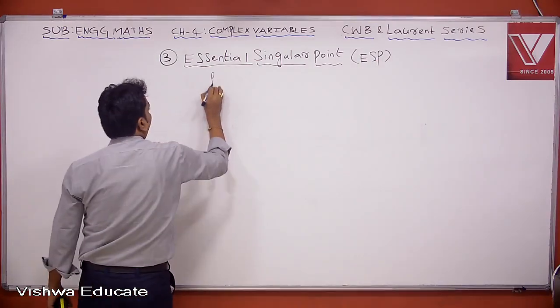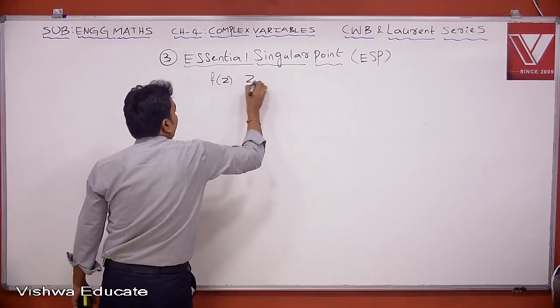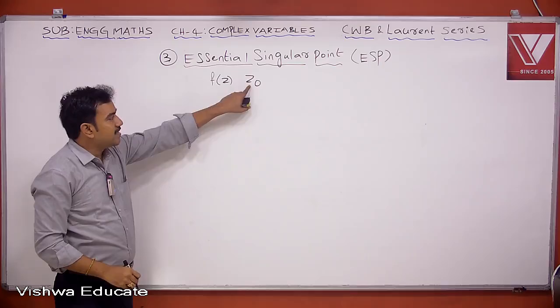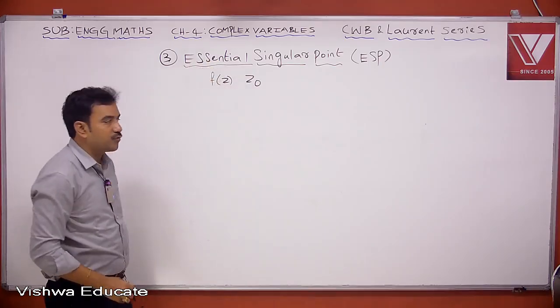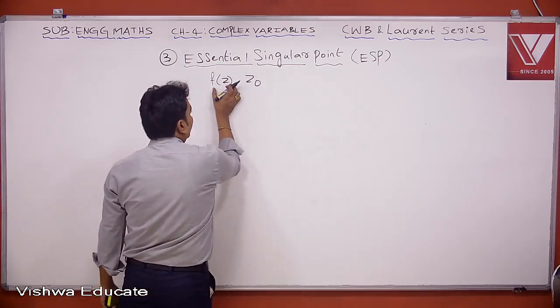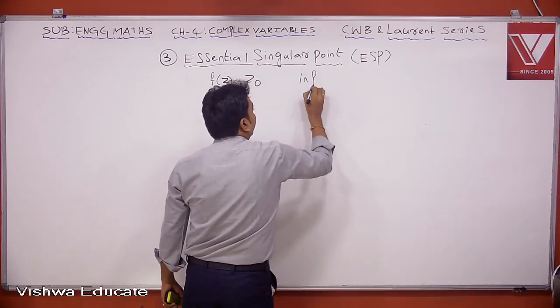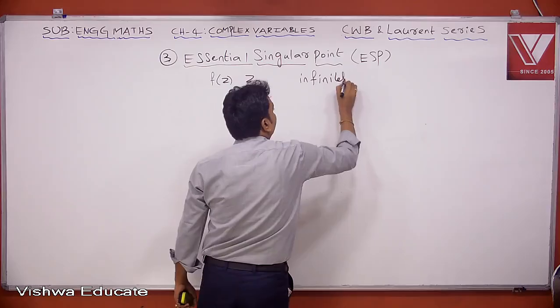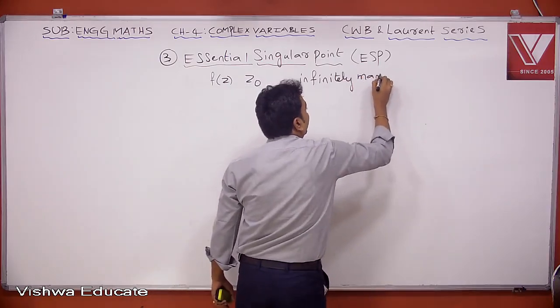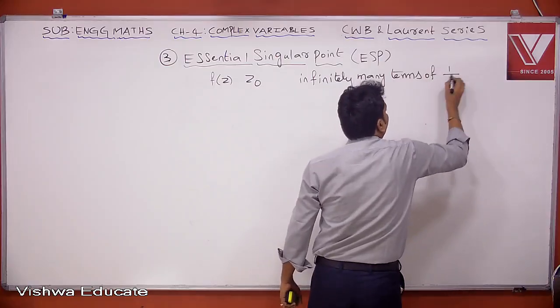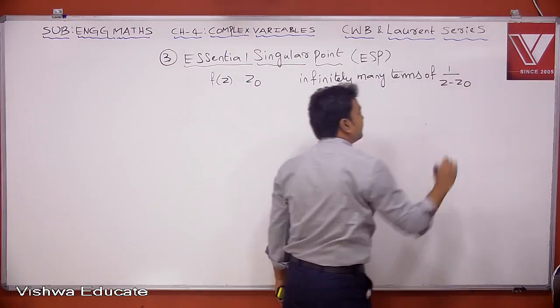Suppose we have a complex valued function f of z and z0 is one of its singular points. We say that this is an essential singular point of this function if the Laurent series expansion of f of z about z equal to z0 has infinitely many terms of the form 1 by (z minus z0).